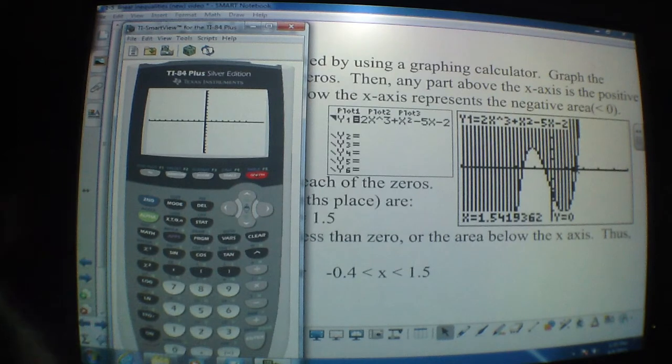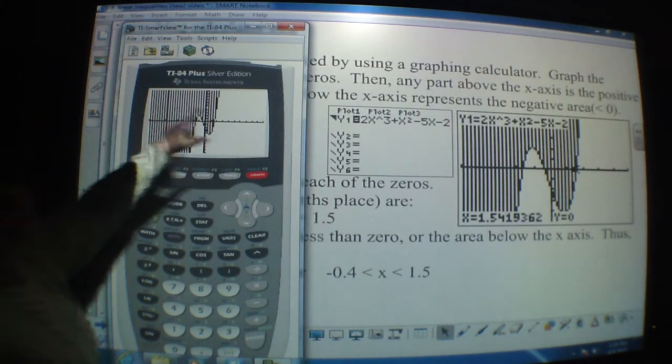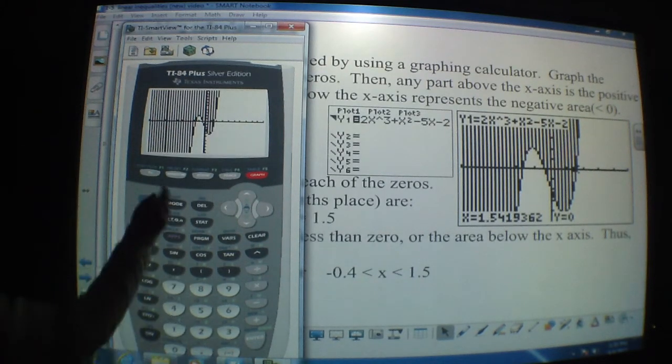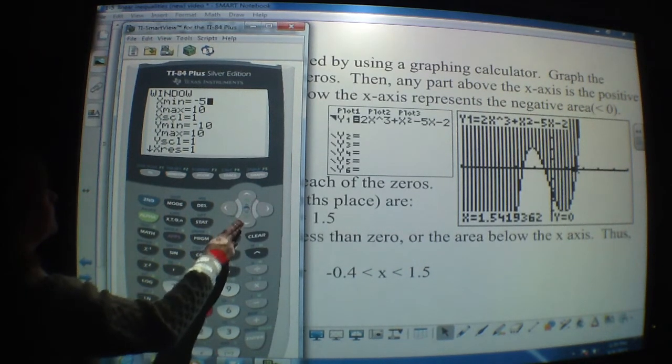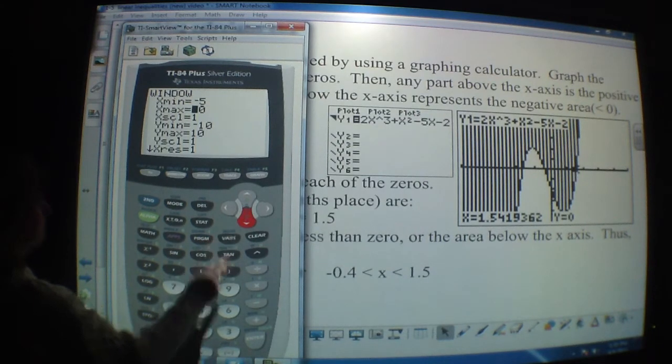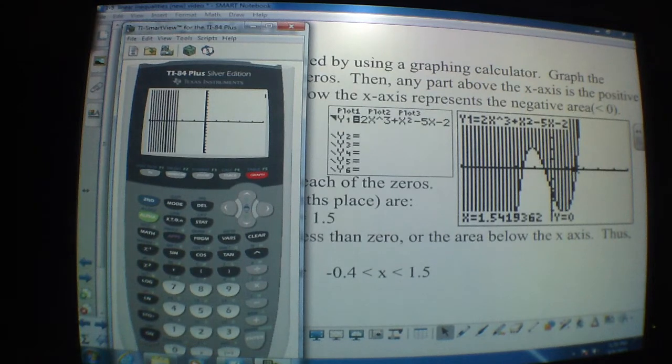I can hit graph. You might not see the whole graph because of your window, but I do see my whole graph because of the window. The window's okay. So there's what my graph looks like. If I want to see a little better, it goes from -10 to +10. I can change my window. I'm going to change my x first, -5 to +5.